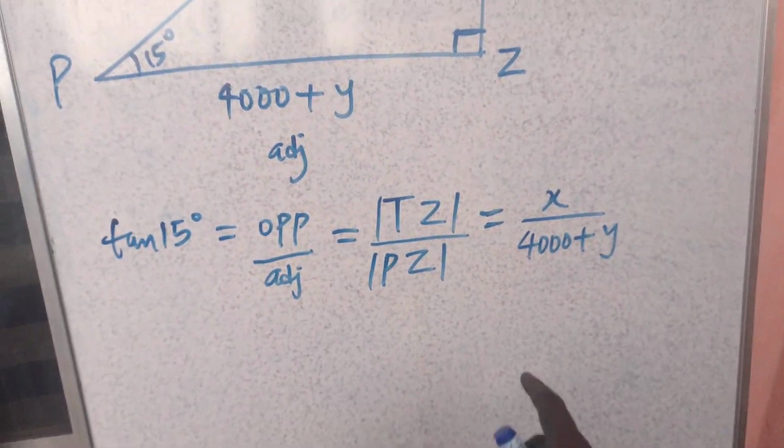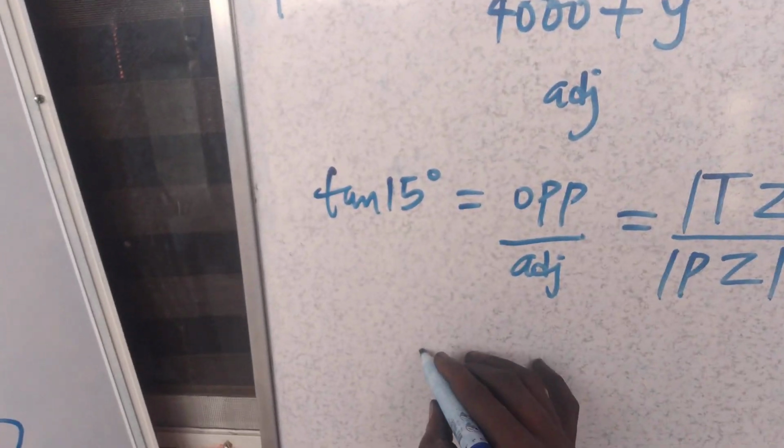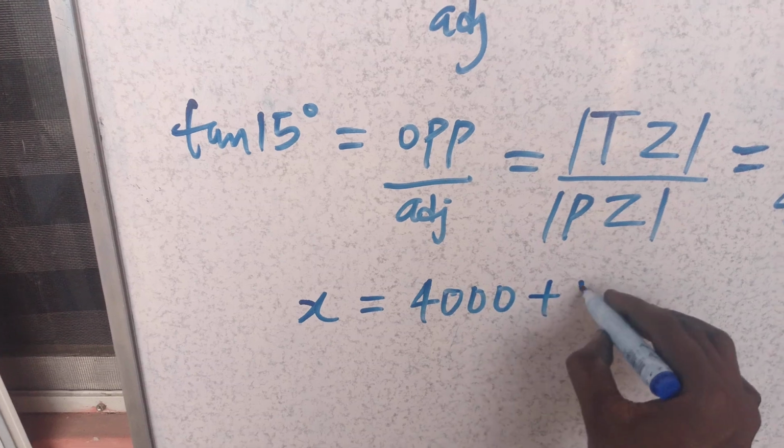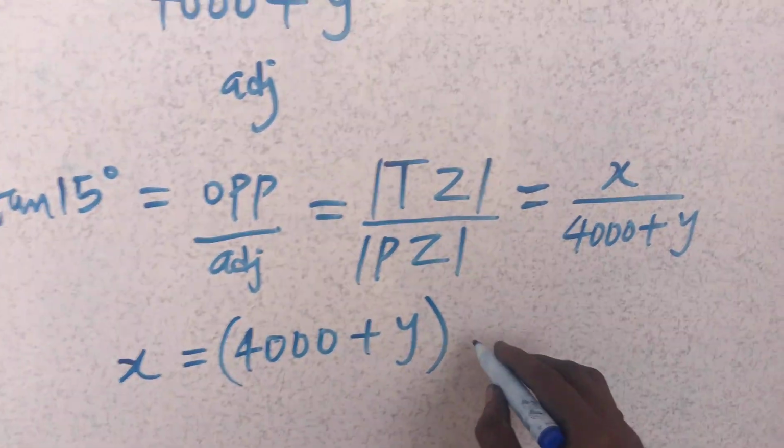So if I cross multiply now, I have X is equals to 4,000 plus Y multiplied by tan 15.